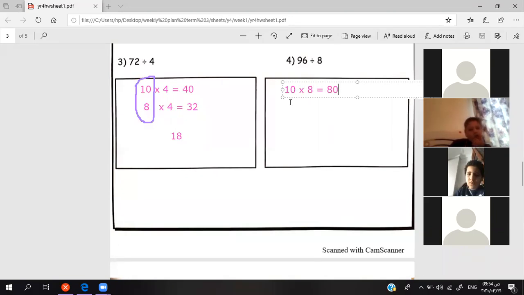The difference between 80 and 96 is 16. So what times 8 gives me 16? It is a 2. So my answer is the 10 and 2, which is 12. If you do it using the long division, you will get the same answer.